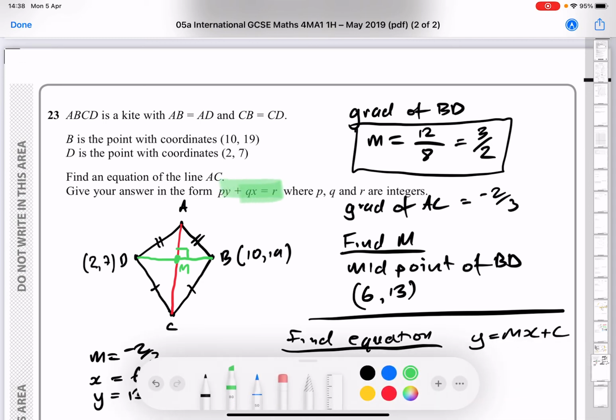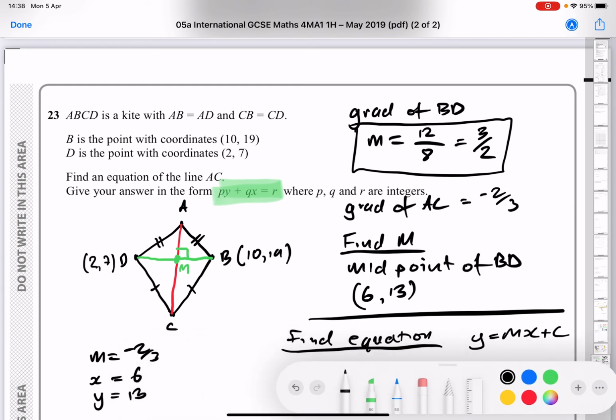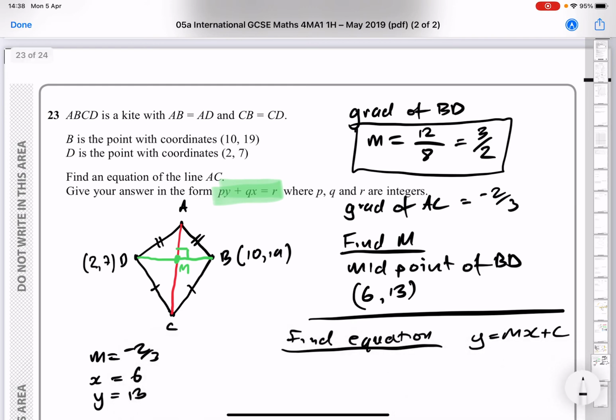I'll highlight that there, but we'll come to that in a moment because that's quite easy to do. So I am going to substitute in the values I know. I know that 13 equals -2/3 of x, which is 6, plus c. By working that out, -2/3 of 6 is -4, so c must equal 17.